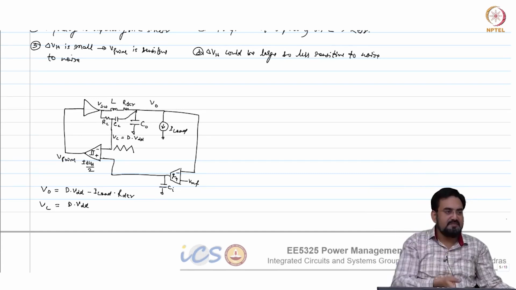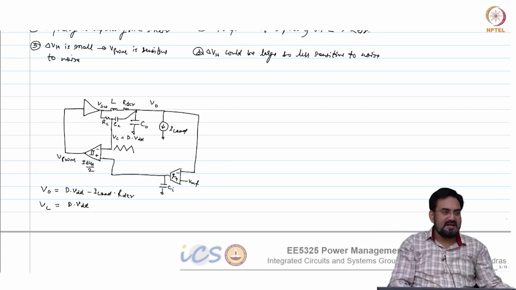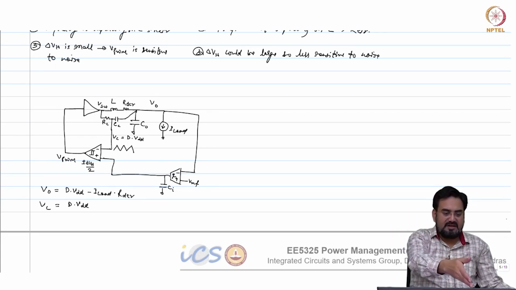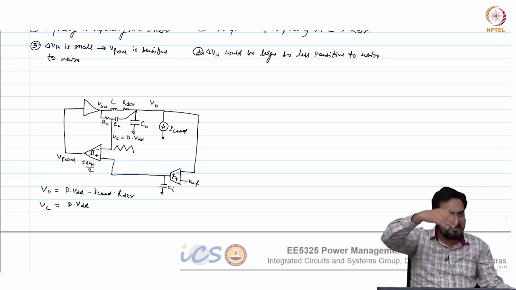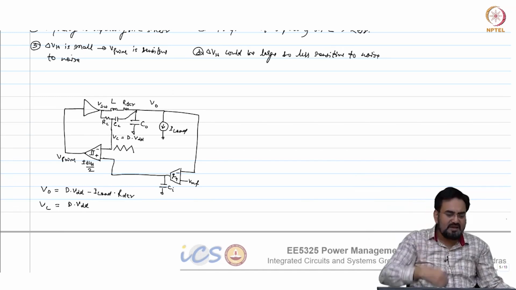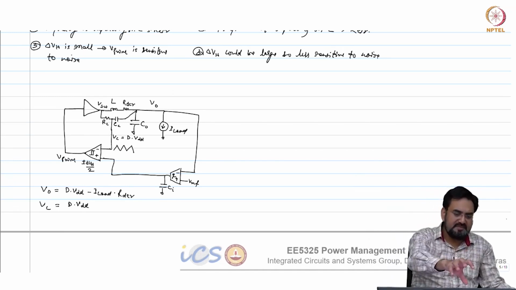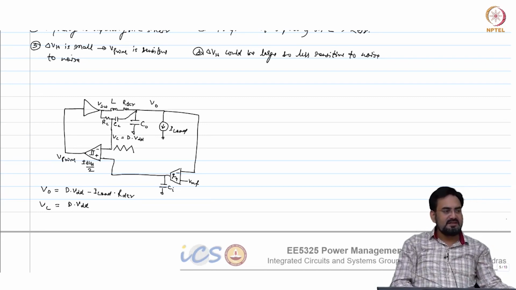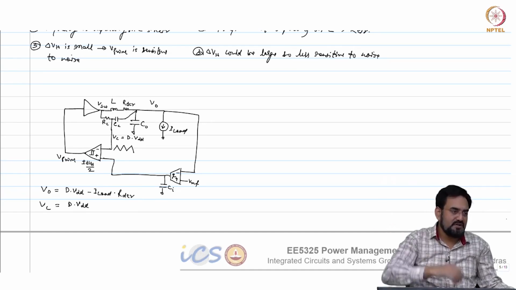If it is very sharp, then it will get reflected because the capacitor acts as a short for sharp changes. But your output capacitor will always make the transient look slow, it will smoothen it out. So you won't get the same undershoot or overshoot reflected at Vc. So it will respond to transient, but not as well as voltage mode.